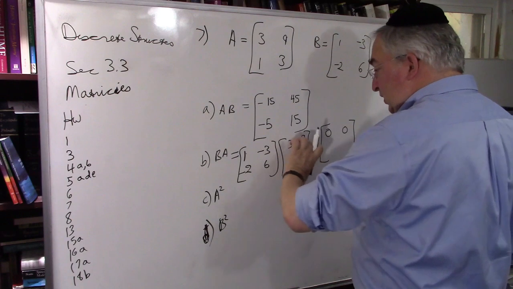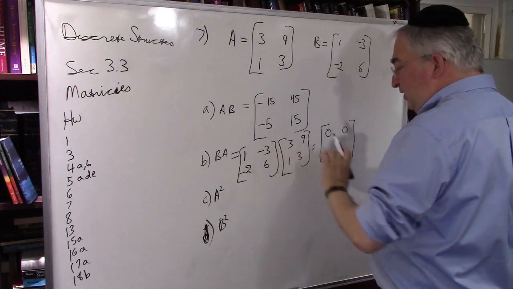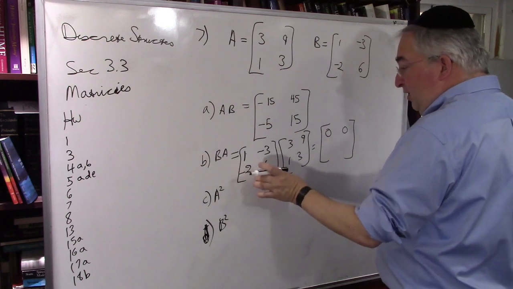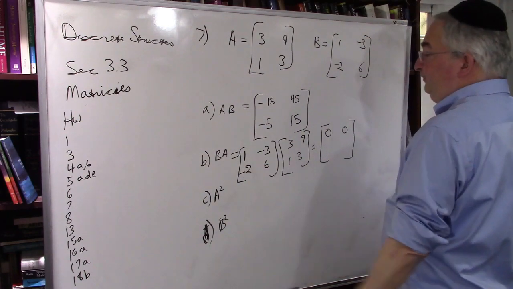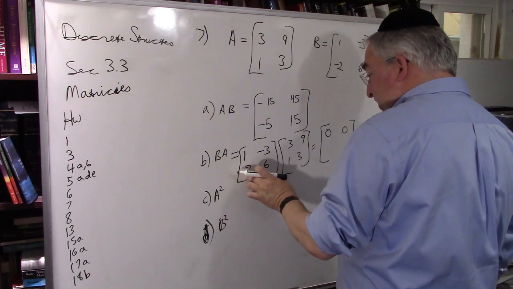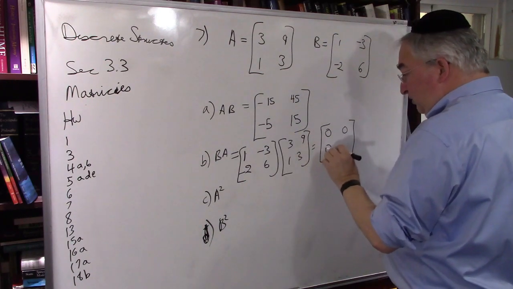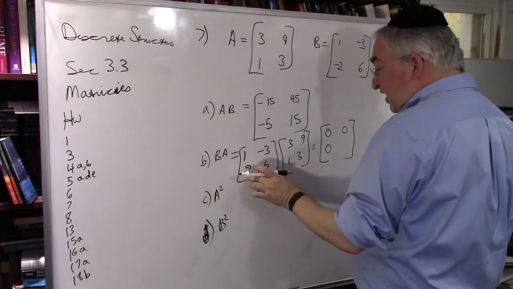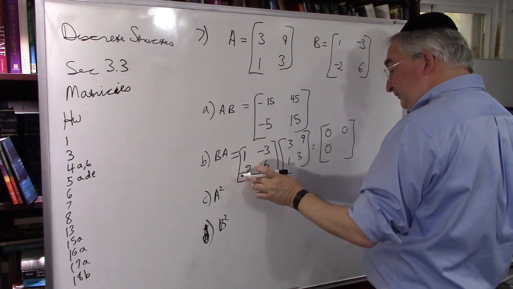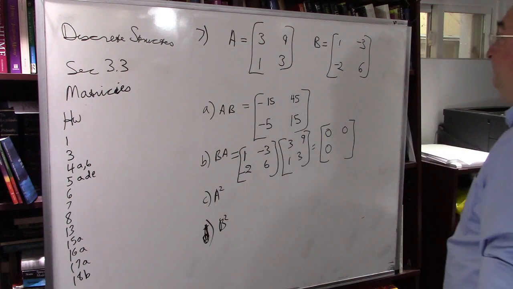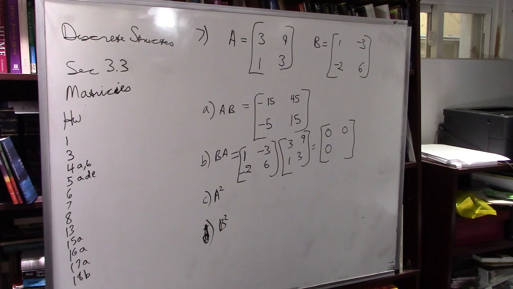That's interesting. 3 times minus 2 is negative 6 plus 6 is 0. 9 times minus 2 is negative 18 plus 18 is 0. Did I make a mistake?